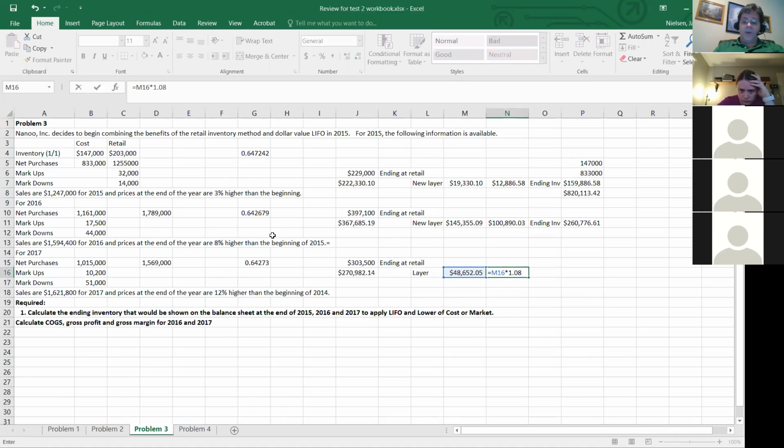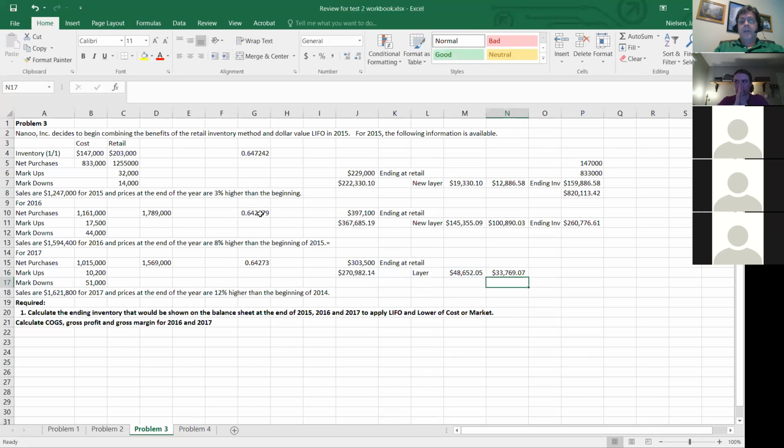And we also use the cost percentage for that year. Okay, so we peeled off, we don't have any layer for 2017, and we peeled back some of the layer for 2016, but the remaining layer needs to be adjusted based on the percentages for that year.